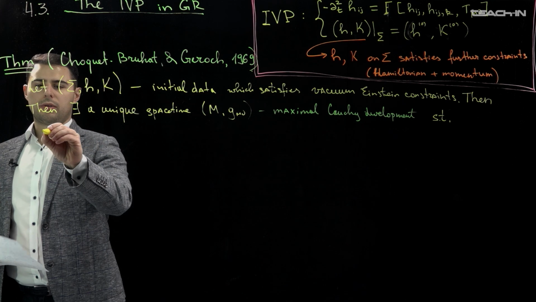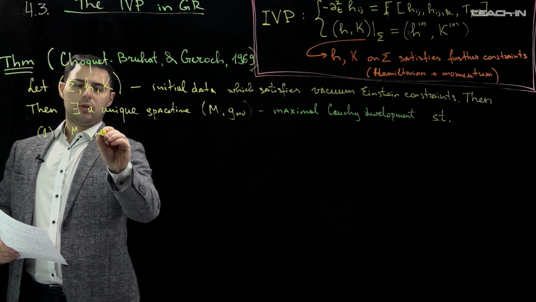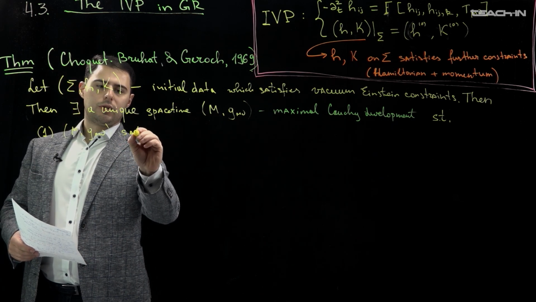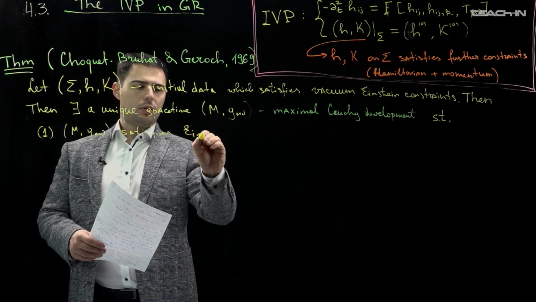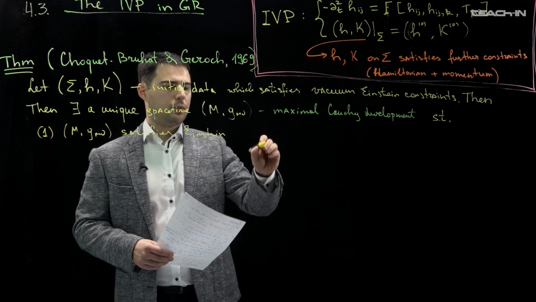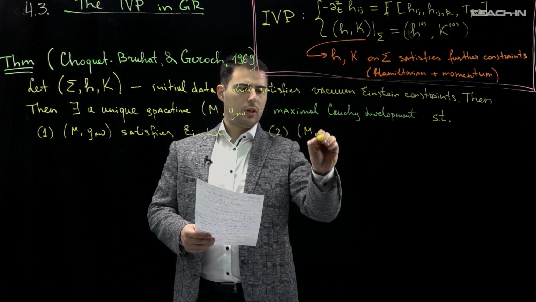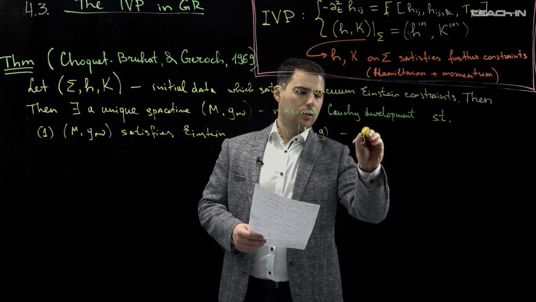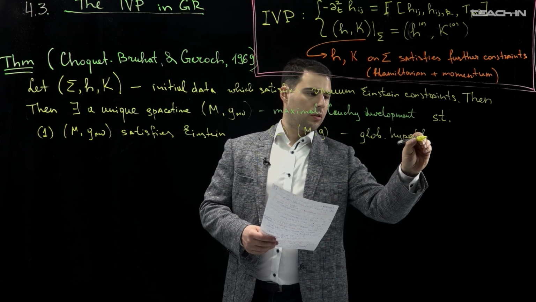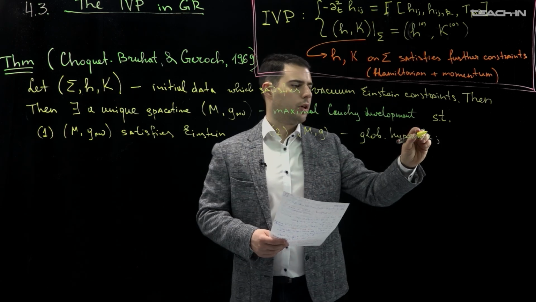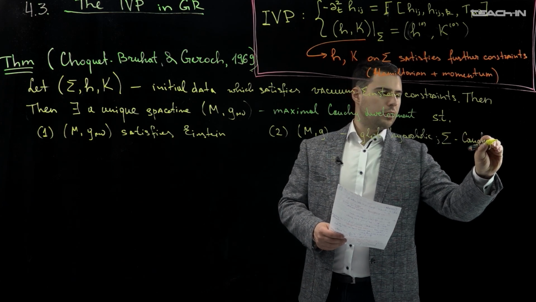So we have, first of all, g mu nu satisfies Einstein. 2, is globally hyperbolic, sigma is Cauchy surface.